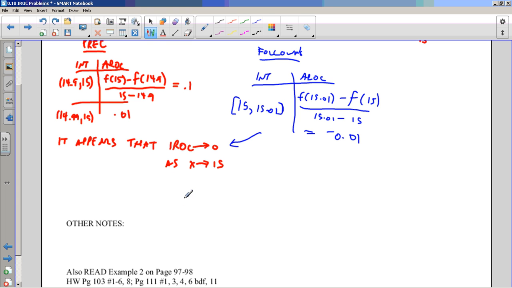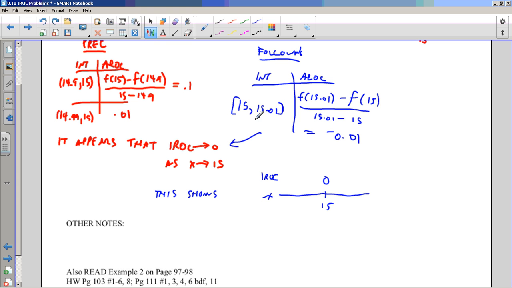So notice what we've got, then. If this is the numbers x, we've got 15 here, the IROC appears to be 0 there, just because that's what we calculated it to be.